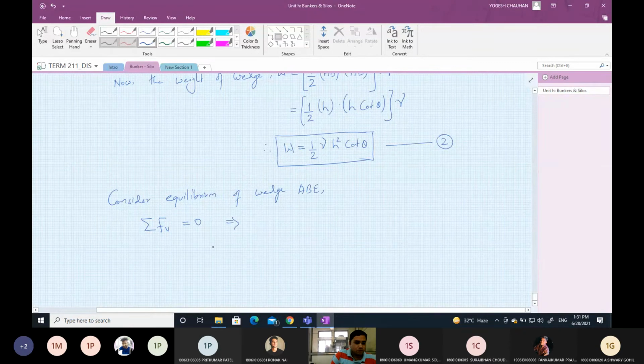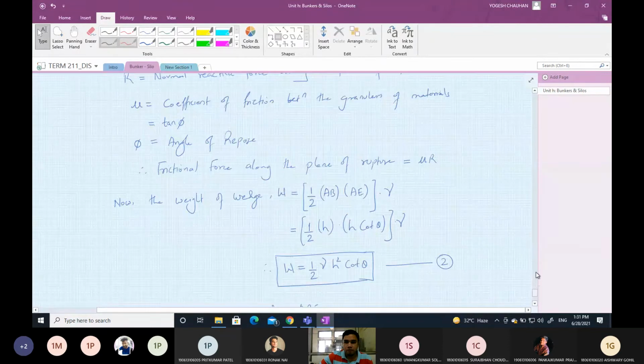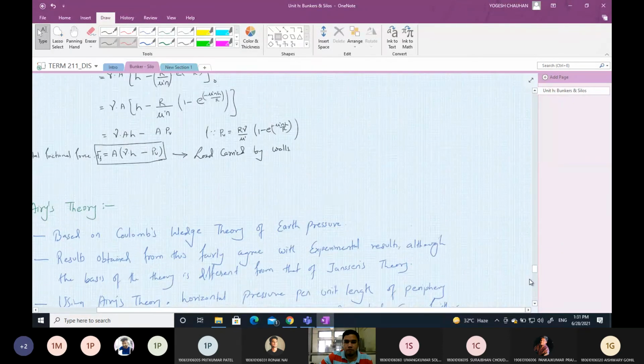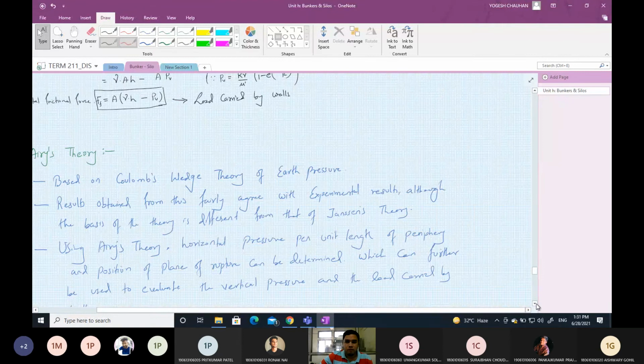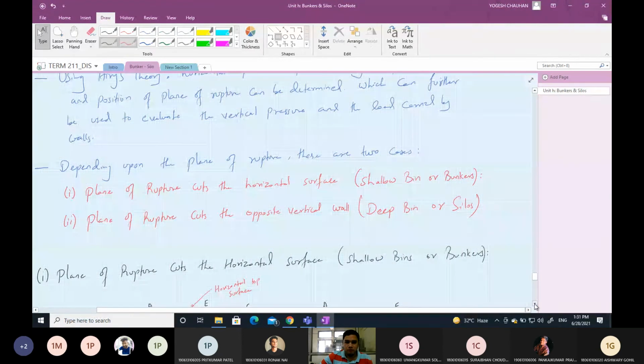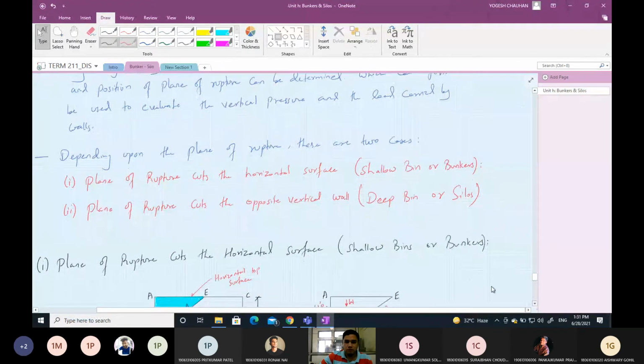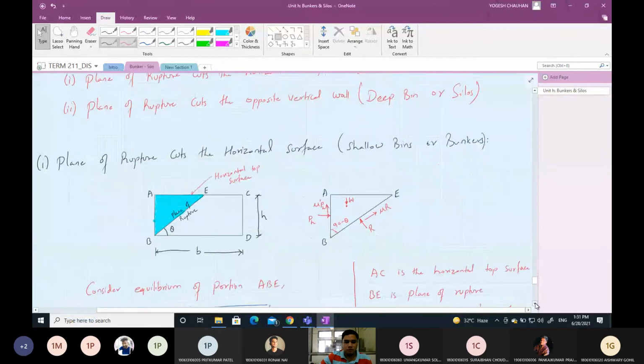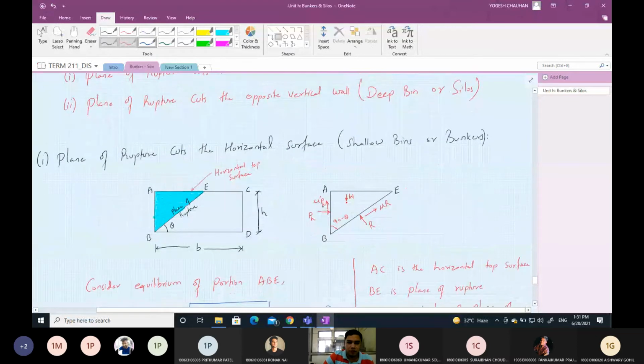Here the vertical forces are one is this mu dash into pH, that is vertical, then the vertical component of this mu r and vertical component of r.